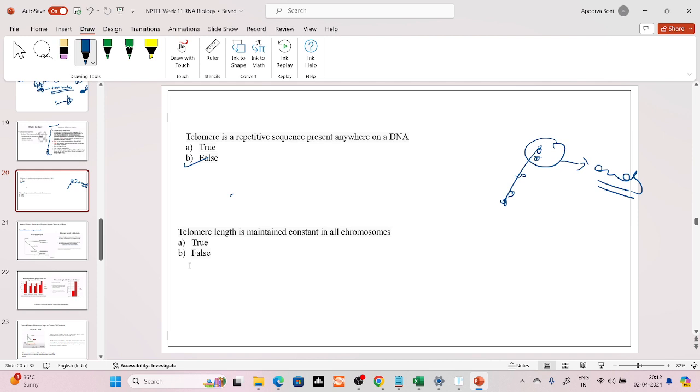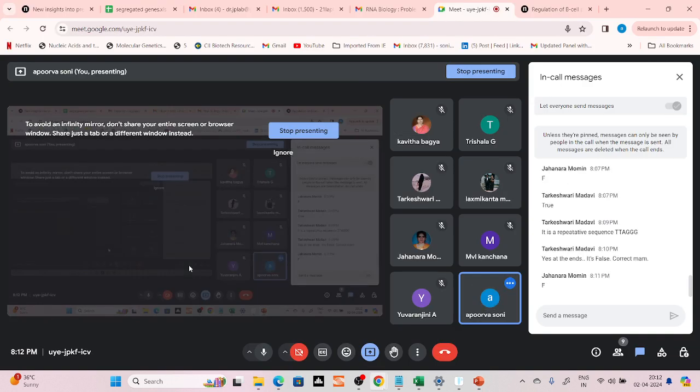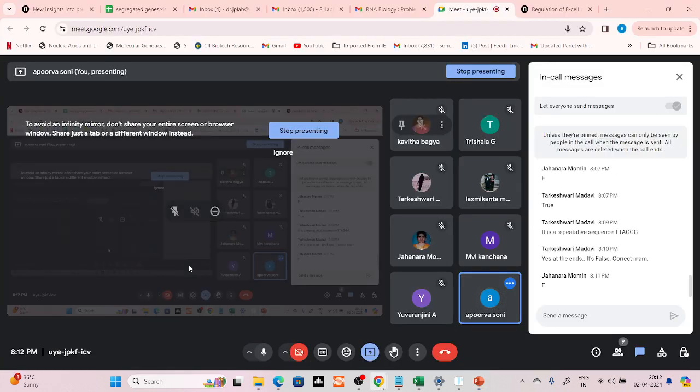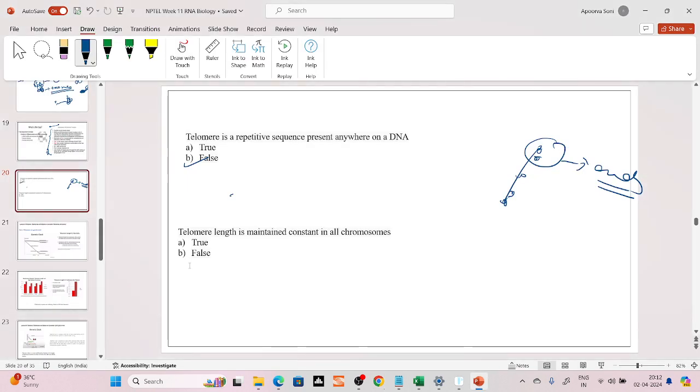Okay, I'm switching the screen now. Okay, Madhvi. So Janara has said false. Anybody else who wants to give a try for this question? Telomere length is maintained constant in all chromosomes. What should be your answer?